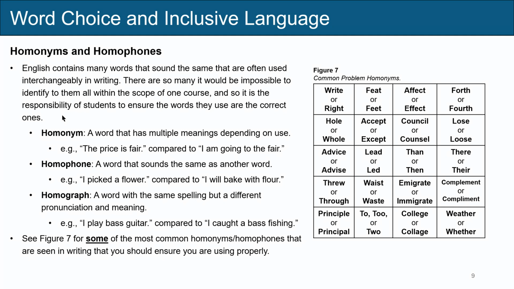Asking ChatGPT or another AI tool, can you check this for any homonyms that might be confusing to the reader? That would be an acceptable way to use AI to make sure that you are not using words that could be interpreted in different ways.